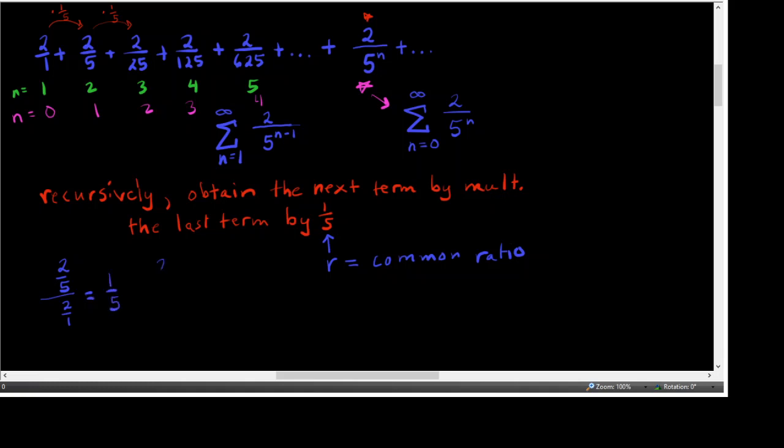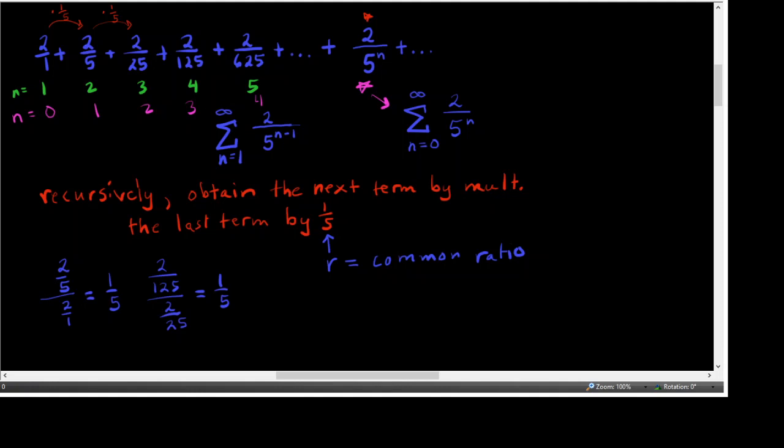So like if I divided 2 over 125 by the one right before it, 2 over 25, the answer I get is 1/5. So that's what every pair of terms in this series do, is that the ratio of those, later one divided by the earlier one, is always the same number. It's a constant. And we're calling that constant R.